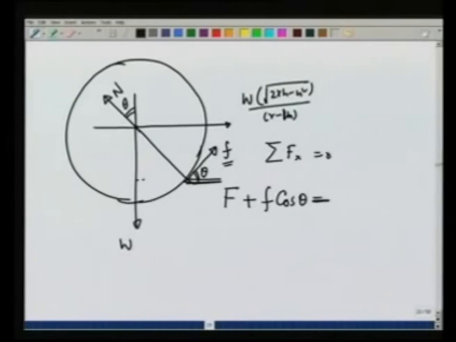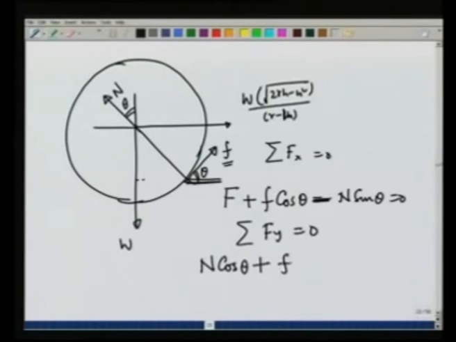So, it will be minus N sin theta equal to 0. And similarly, for the vertical forces, summation F_y equal to 0 would give me N cosine theta plus f sine theta minus W equal to 0.